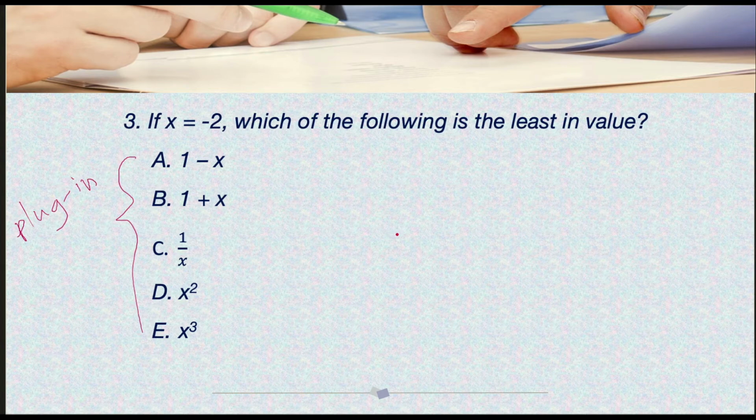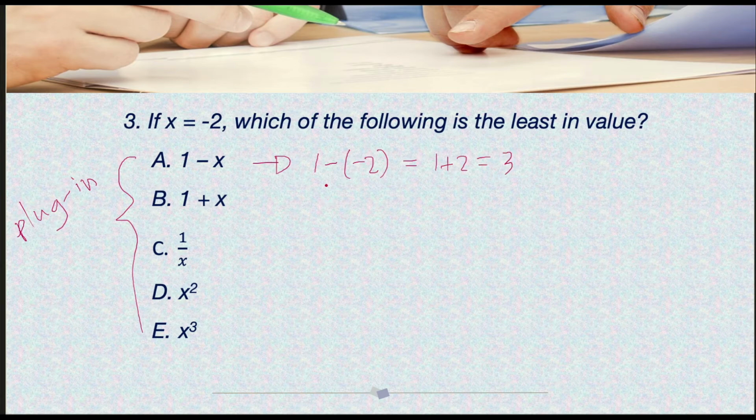Take note that a negative value is smaller than a positive value. So in letter A, if we change x to -2, that becomes 1 minus -2, which is 1 plus 2, and the answer is 3.